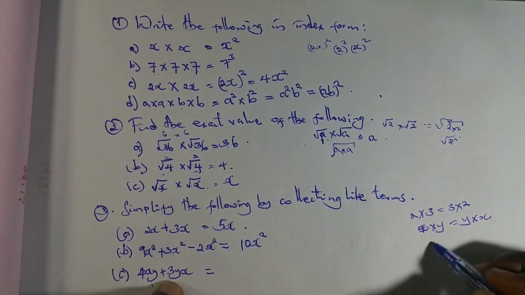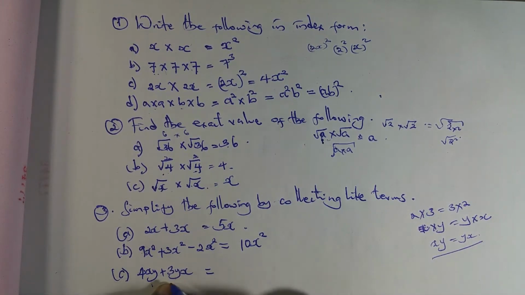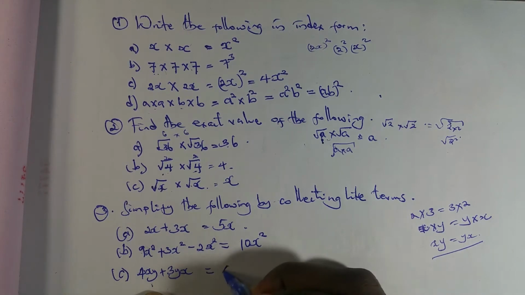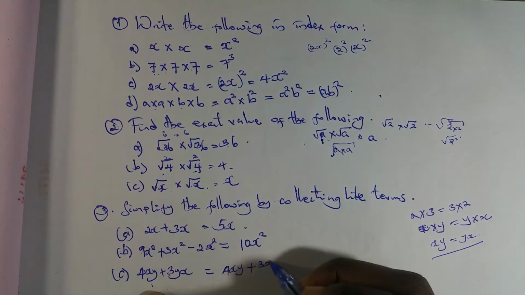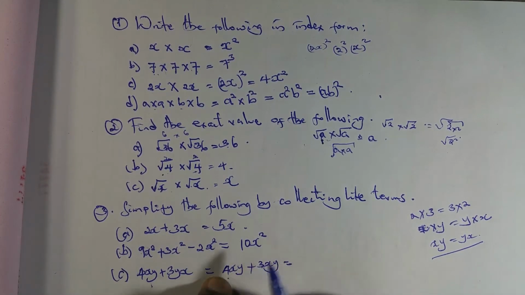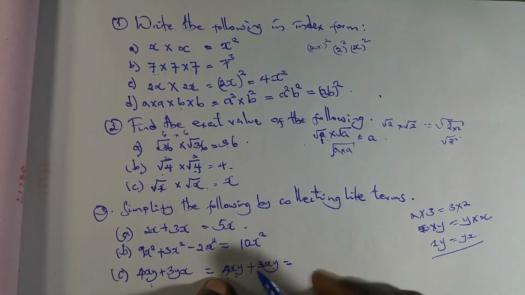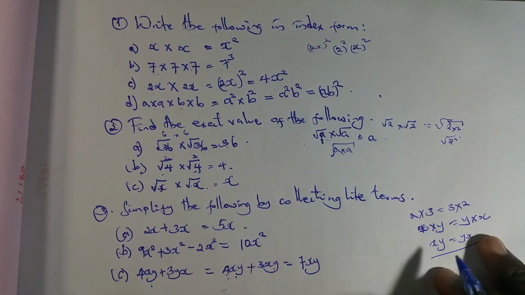So xy is the same as yx. If you rearrange that, we have 4xy plus 3xy, to make them appear alike. So it's the same term, xy. We just add 4 and 3 to give 7xy.